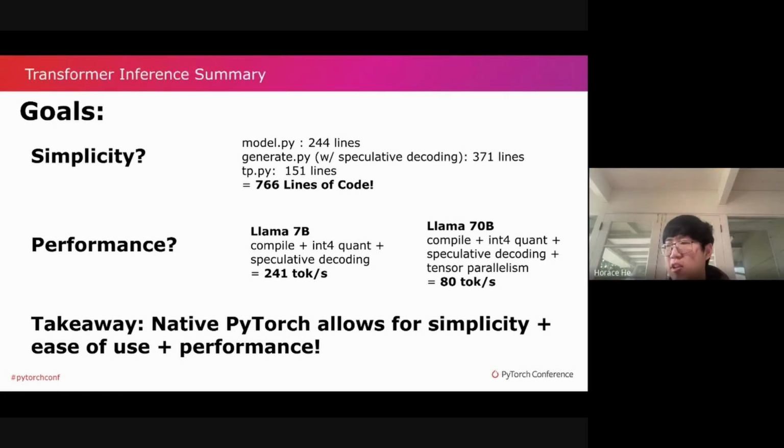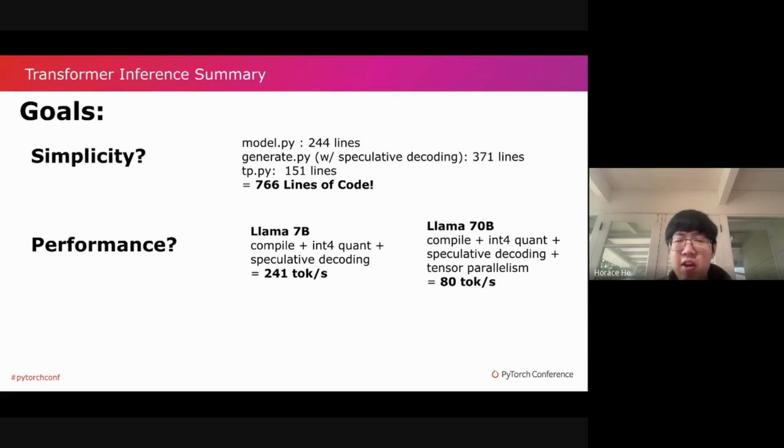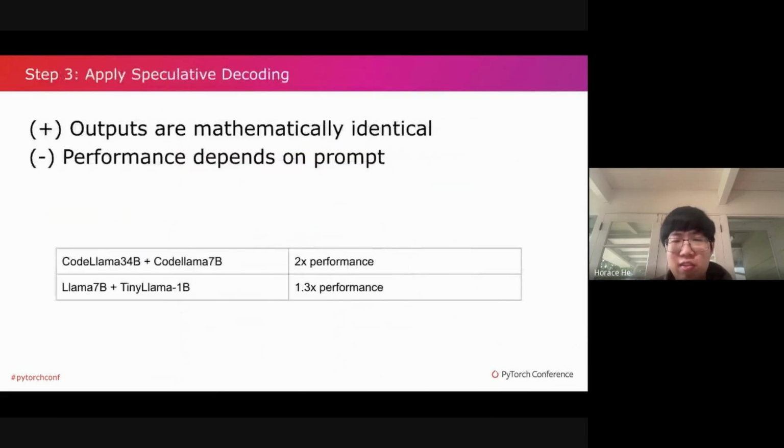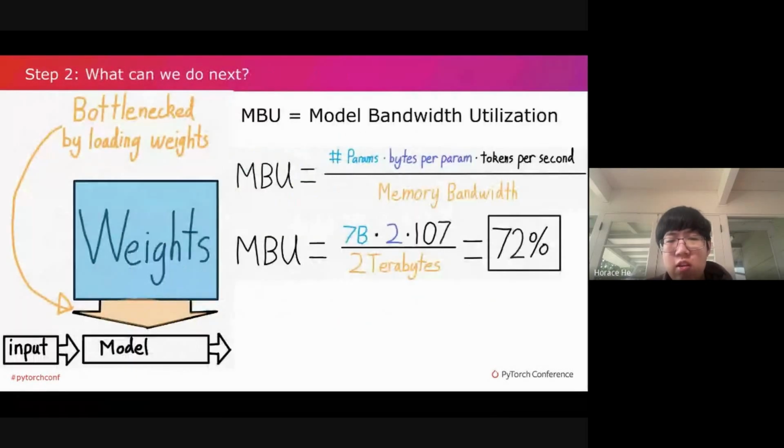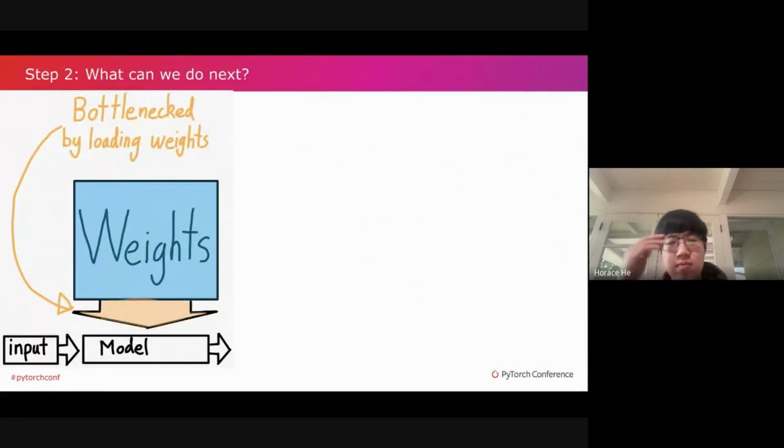I'll talk about Groq. I think it's a very interesting piece of hardware in some sense. The rough idea of Groq, and why it's able to achieve very high tokens per second, is like we talked about: the bottleneck here is loading your weights from what's called DRAM or global memory into your registers.